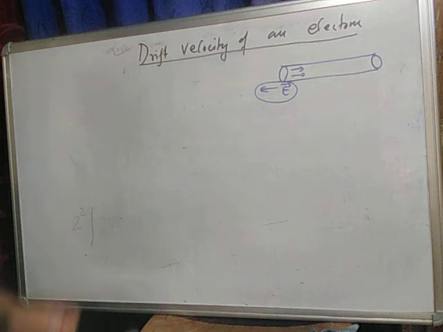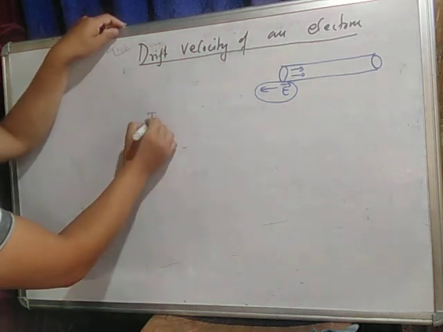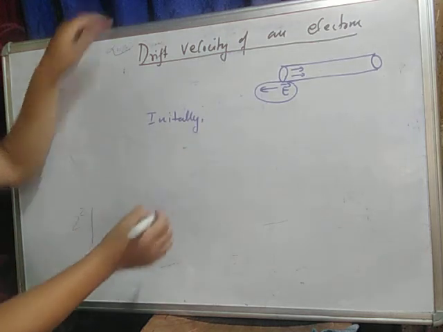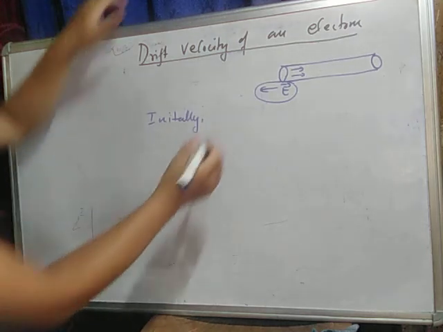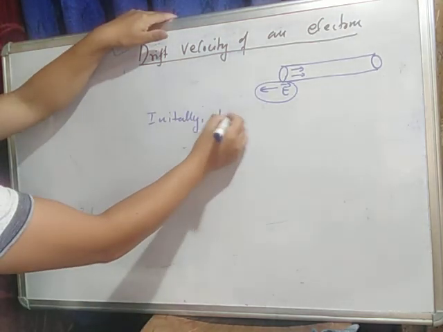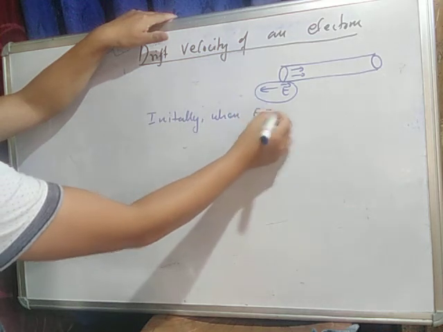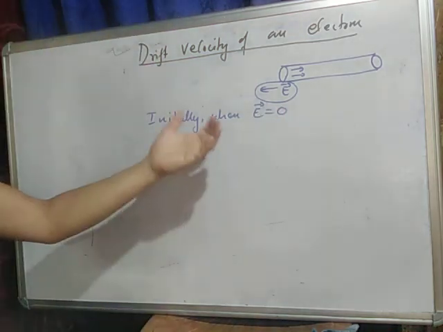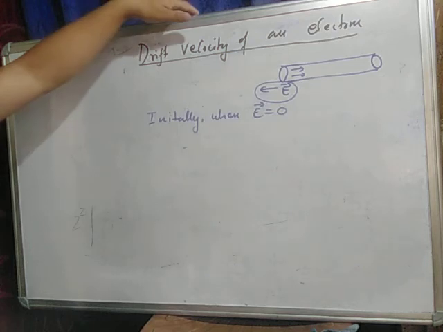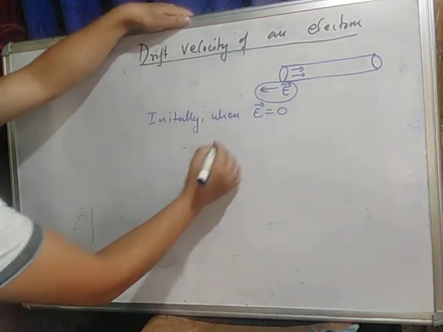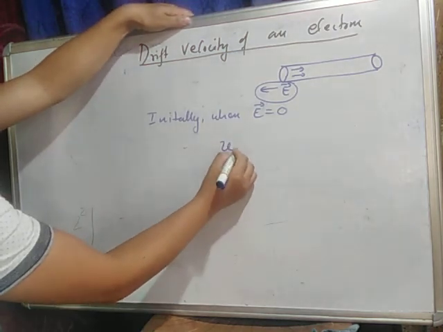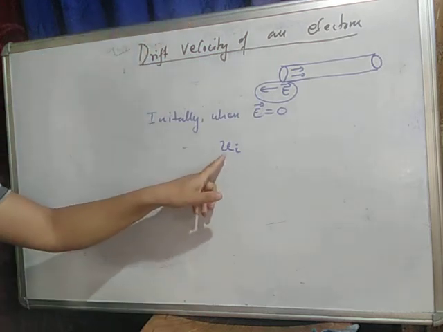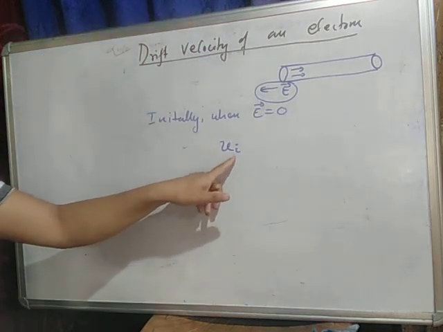Initially, when E equals 0, the field is not applied, how much would be your initial velocity? The initial velocity is denoted by u, and the average is what we want.